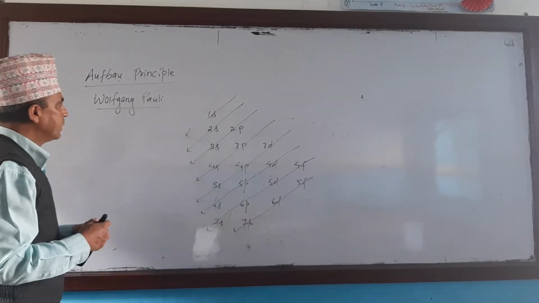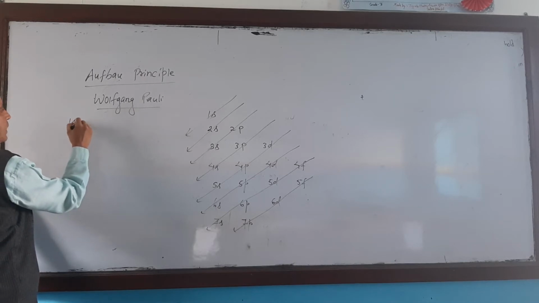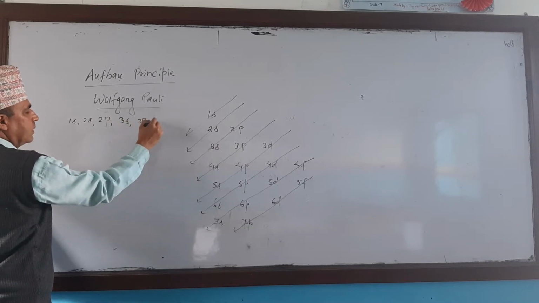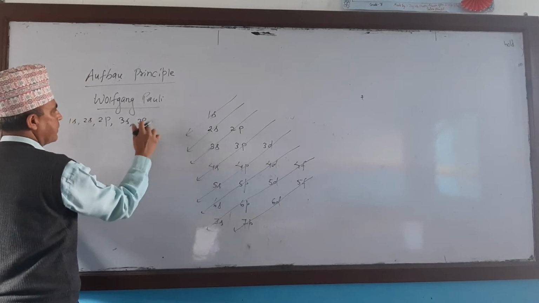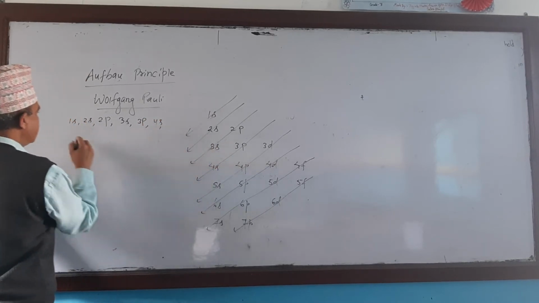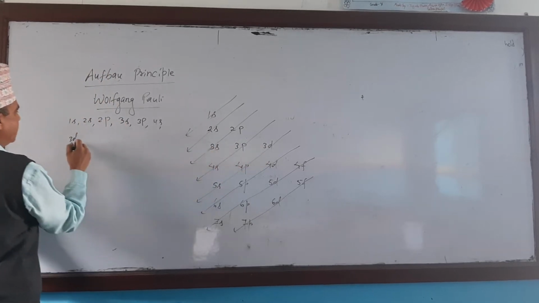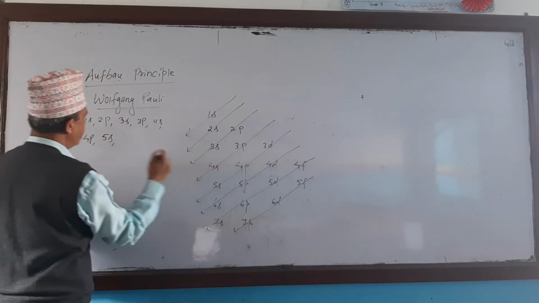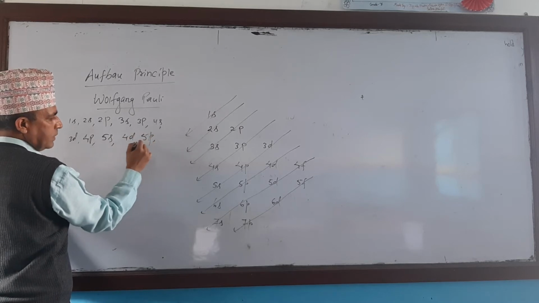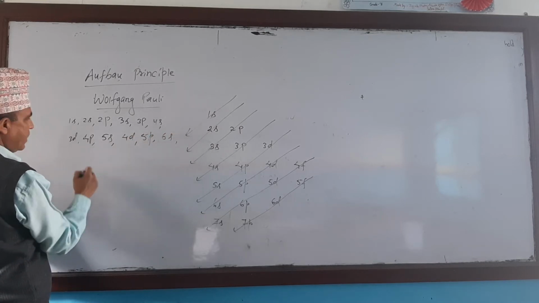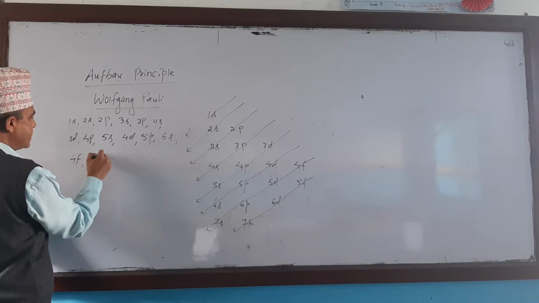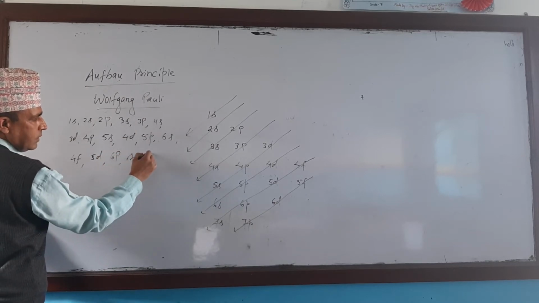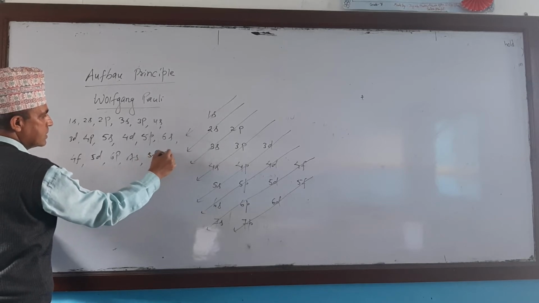So according to Wolfgang Pauli, the first electron is filled in 1s, then 2s, then 2p, 3s, 3p, after 3p, 4s, after 4s, 3d, then 4p, 5s, after 5s, 4d, then 5p, 6s, after 6s, 4f, then 5d, 6p, 7s, 5f, 6d, 7p.